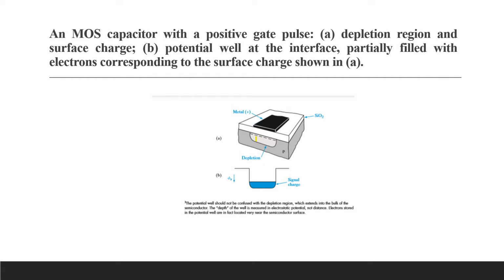The potential well should not be confused with the depletion region, which extends into the bulk of the semiconductor. The depth of the well is measured in electrostatic potential, not distance. Electrons in a potential well are in fact located very near to the semiconductor surface.